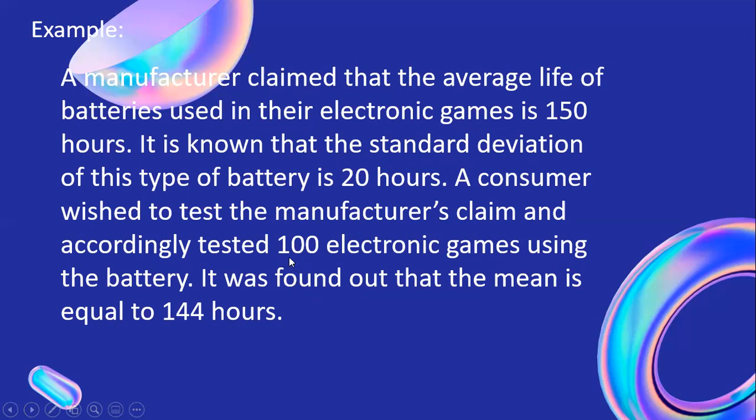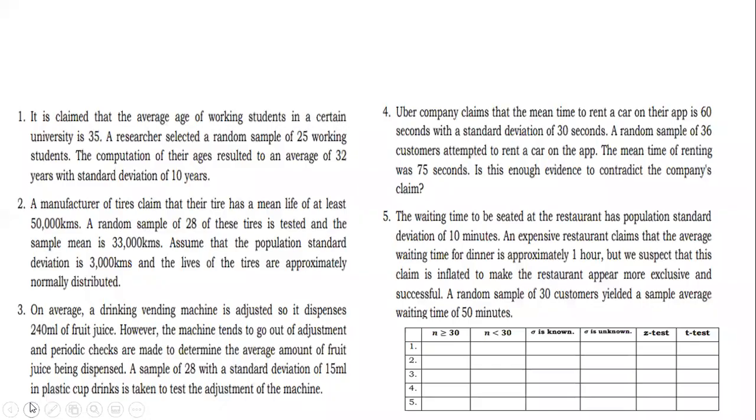This 100 is the sample size, which is extremely large. So your n is greater than 30 and the population standard deviation is given, which is 20. So what test is to be used? It's the z-test. I hope that is clear.